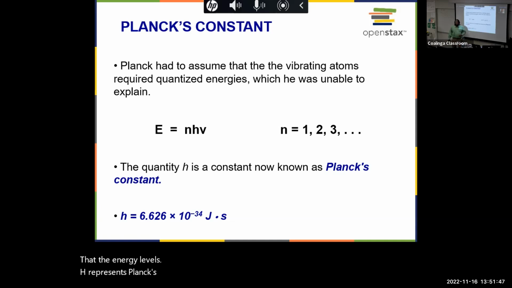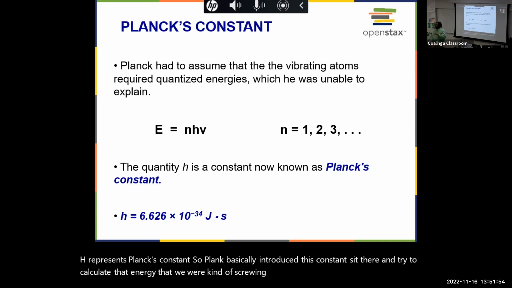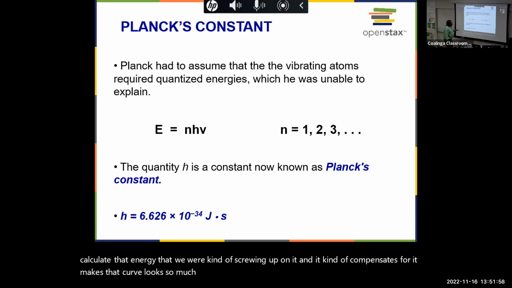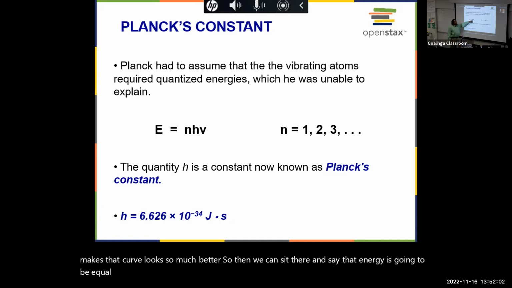So Planck basically introduced this constant to try to calculate that energy that we're kind of splitting up. It compensates for it and makes that curve look so much better. So then we can say that energy is going to be equal to nh nu. This ν represents the frequency, not velocity.